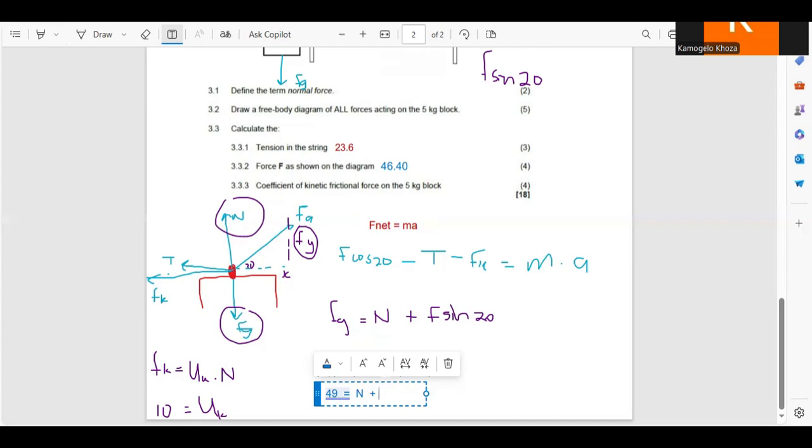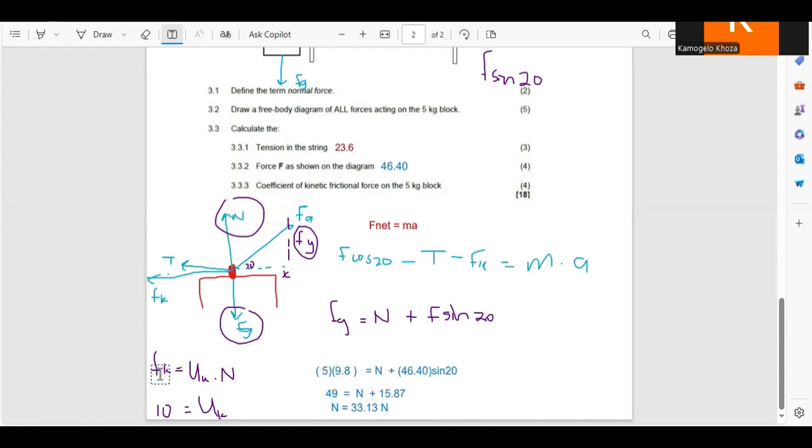But remember, do not round off until you get to your final answer. Now, to get the normal force, we're going to take this 15.87 to the other side. So our N is going to be 49 minus 15.87. In this case, our normal force would be equal to 33.13 newtons. This is our normal force.